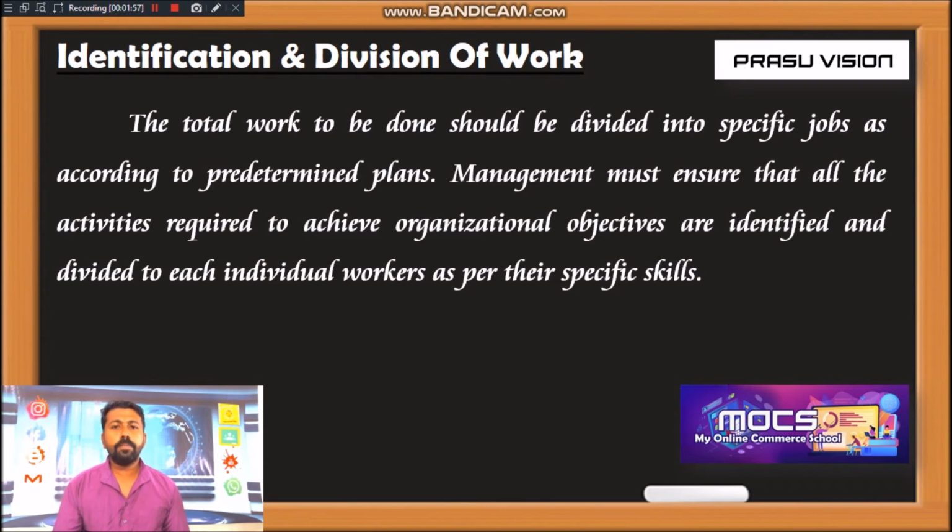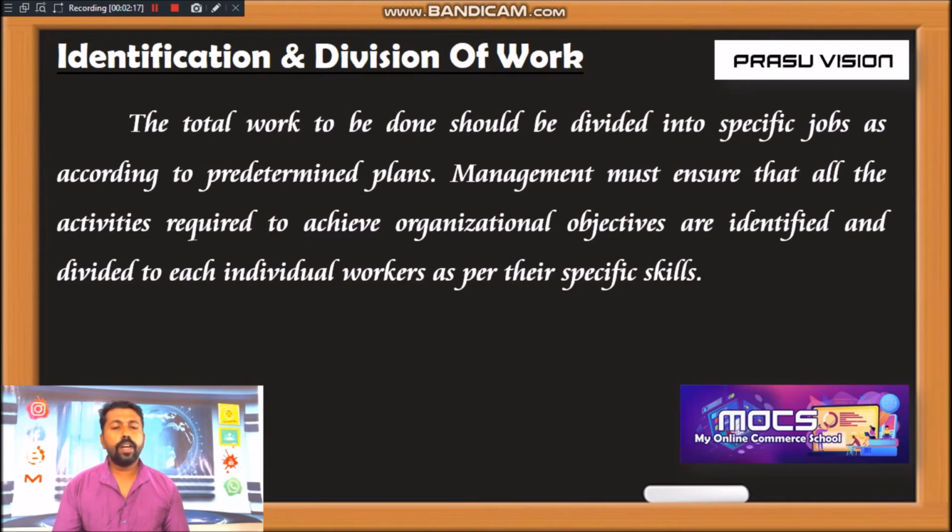Then management must ensure that all the activities required to achieve organizational objectives are identified and divided among individual workers as per their specific skills. So what is the job of management?